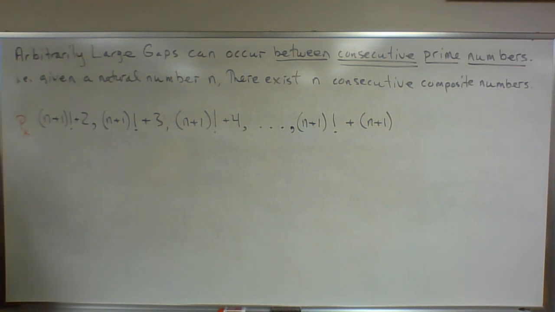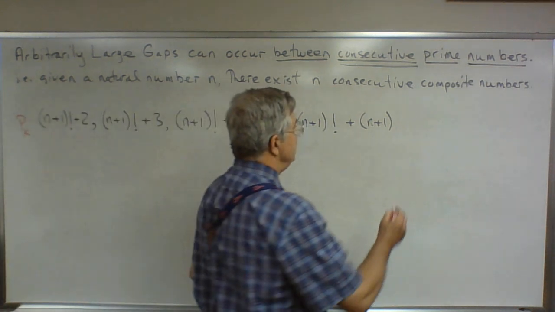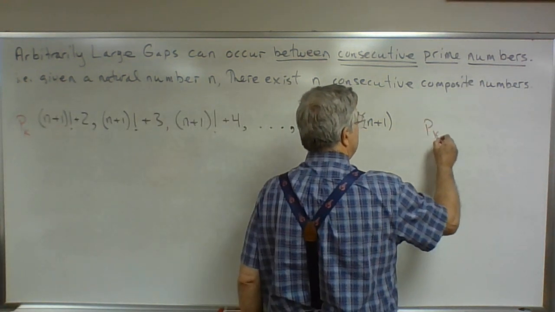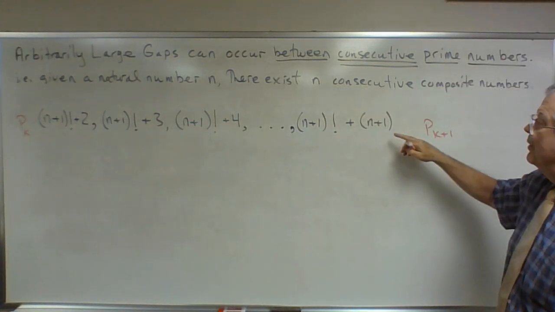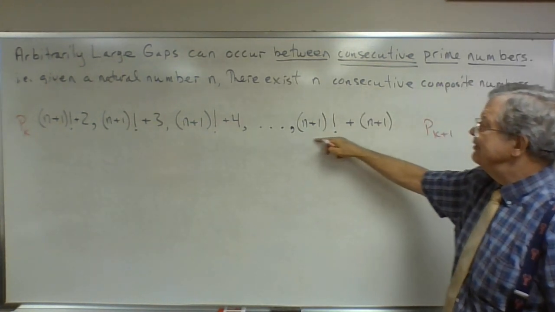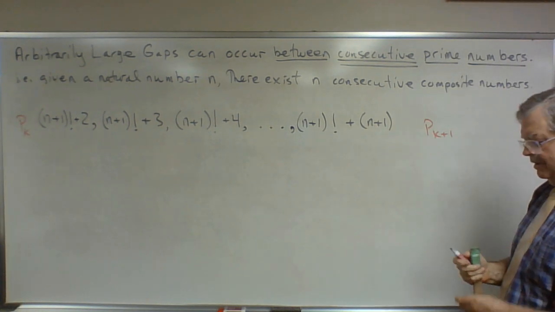Here's p sub k, the largest prime number less than this number. The next prime number, p sub k plus 1, we won't find until we go through all of these composite numbers.